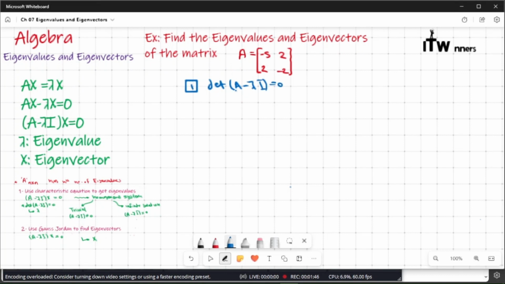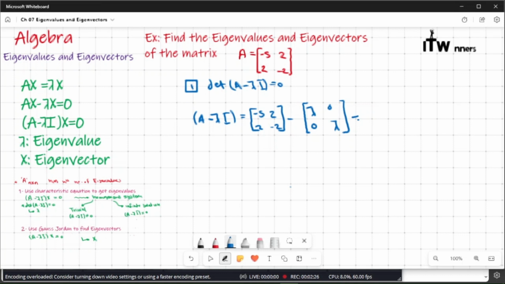So let me find A minus lambda I. A minus lambda I will be equal to negative 5, 2, 2, negative 2 minus the identity matrix into scalar value lambda. So we have lambda on the diagonal and 0, 0 elsewhere, lambda multiplied by 1, lambda multiplied by 1.